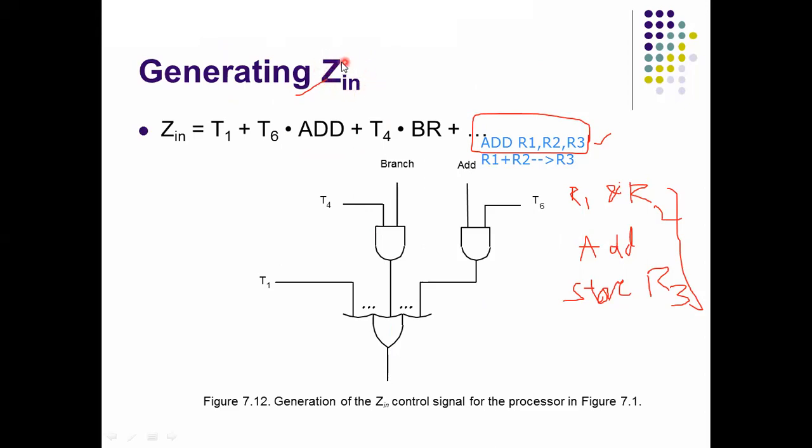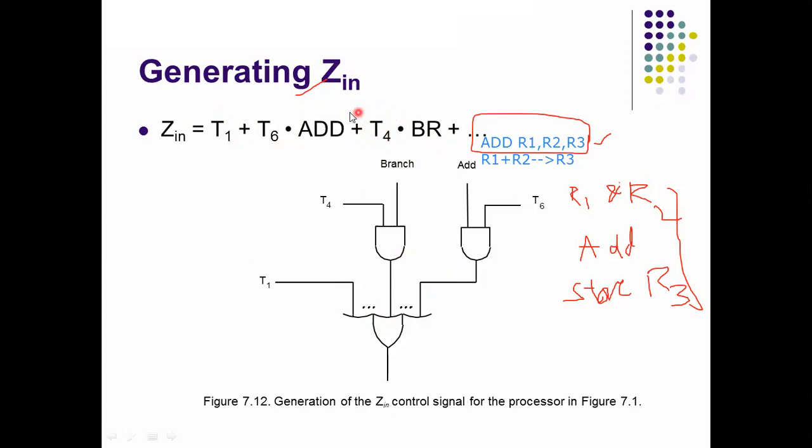Zin is equal to T1 plus T6 dot Add plus T4 dot Branch plus and so on. Based on this Zin control signal, we can draw the combinational circuit. That means Zin is active in the T1, T6, and T4 states.